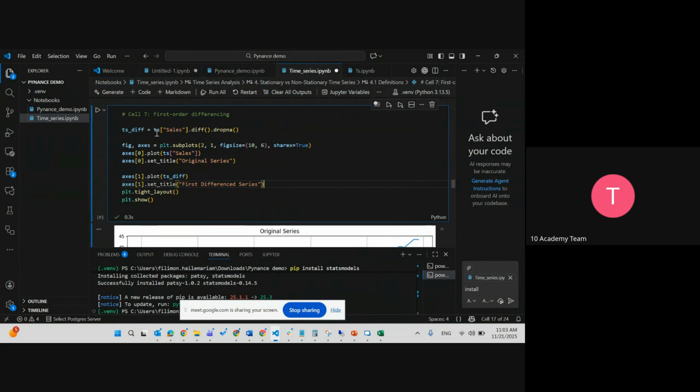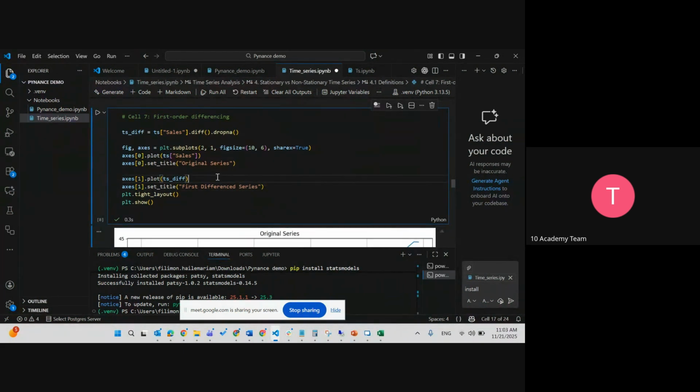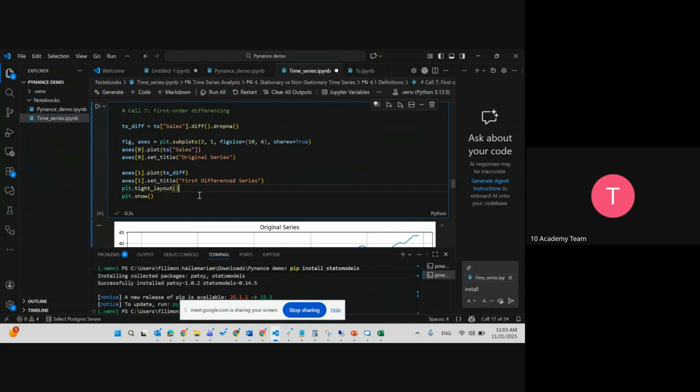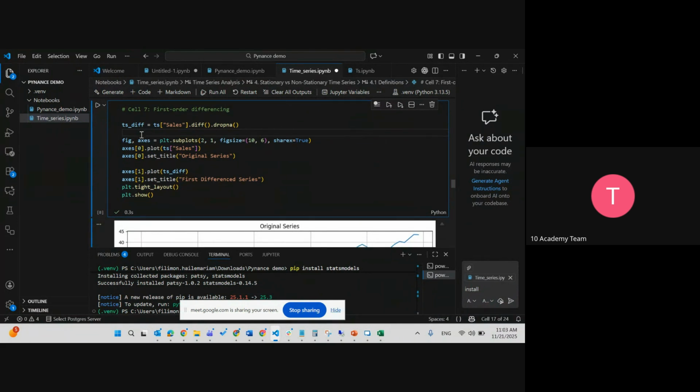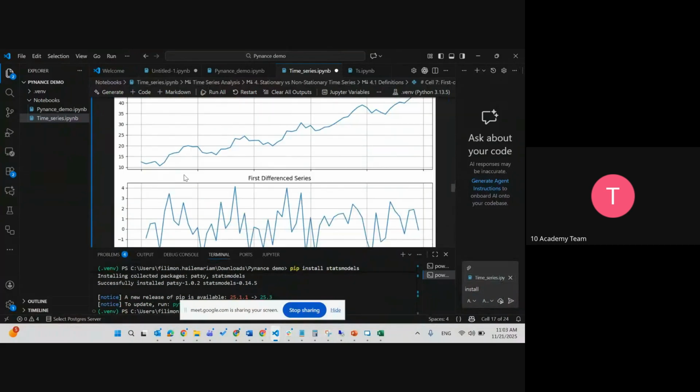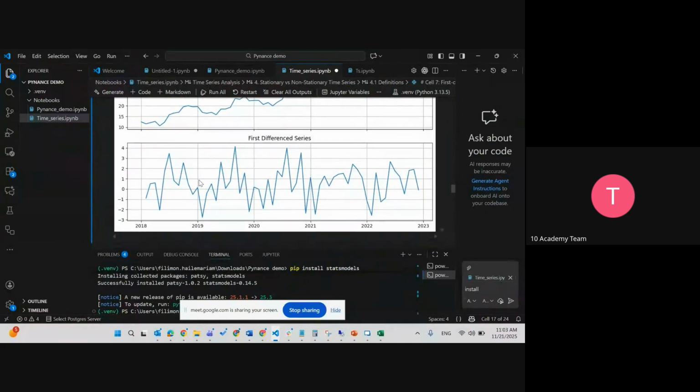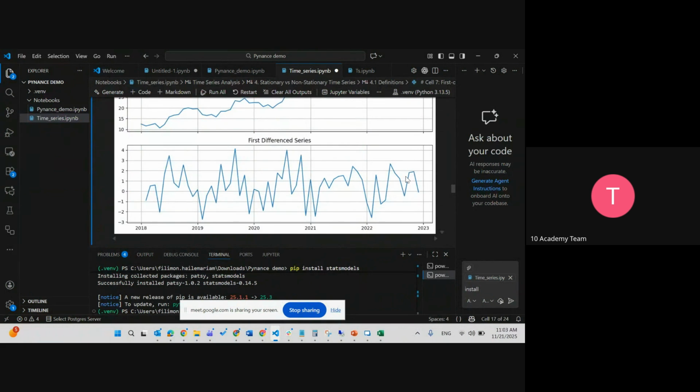First we drop any empty values or gaps in the data and do the difference. As you can see, the first differenced series has a stable mean, oscillating between about 1 and 0. So this is stationary data.